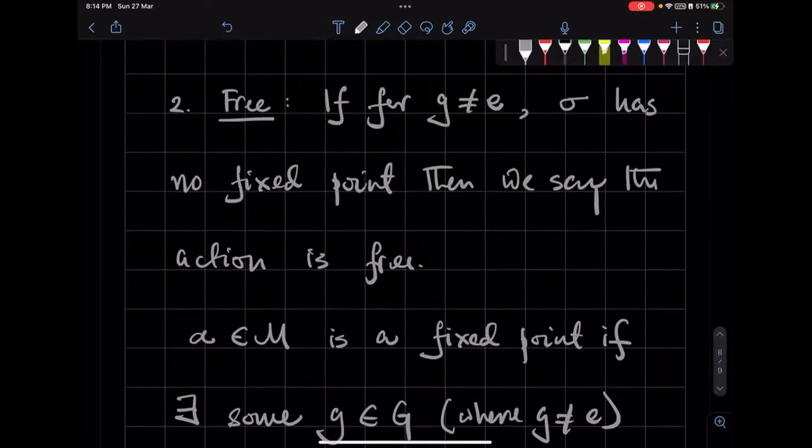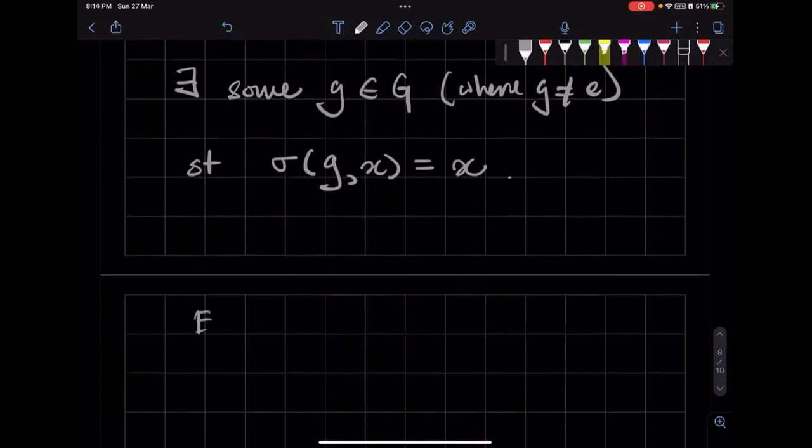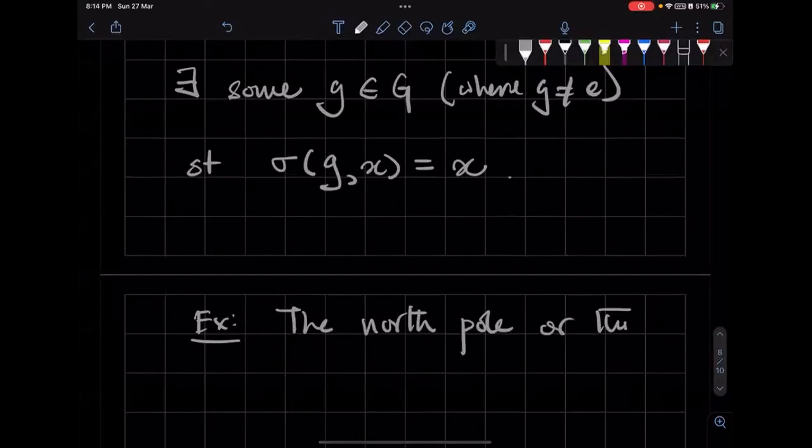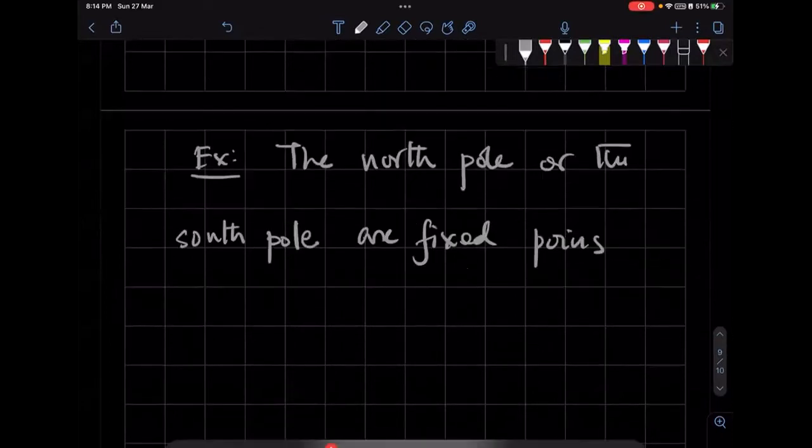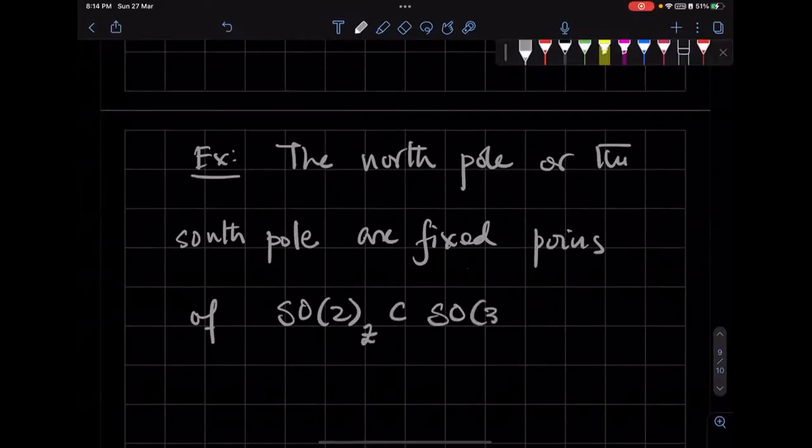Okay, so let's look at an example. The North Pole, or the South Pole, are fixed points of the SO2 rotation around the z-axis of SO3.